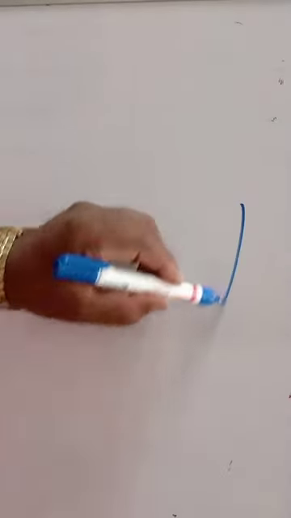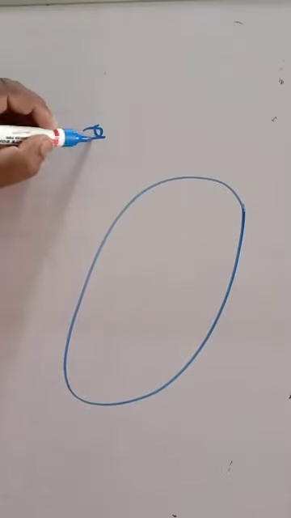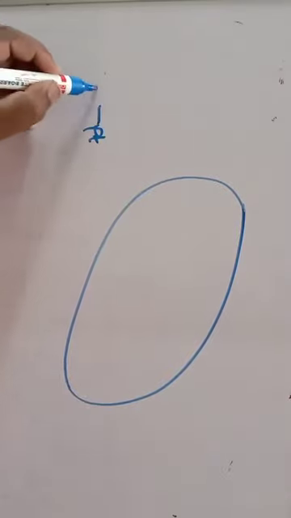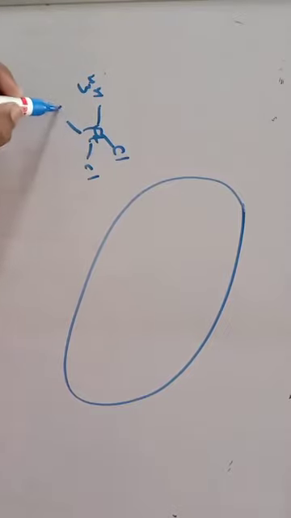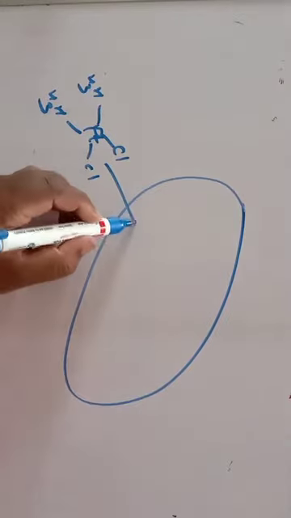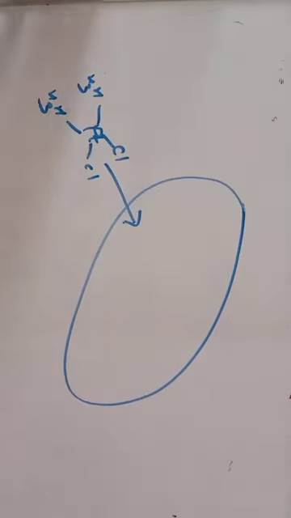This is Pt with NH3, Cl, NH3, your cisplatin. It enters the cell by diffusion or active uptake by the cell.